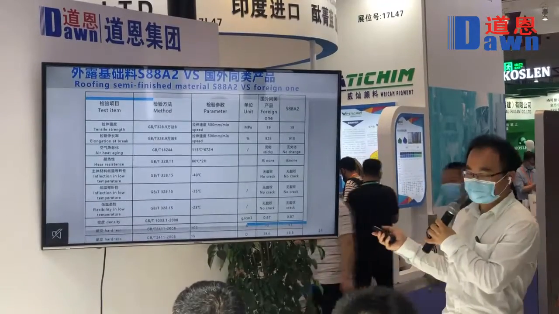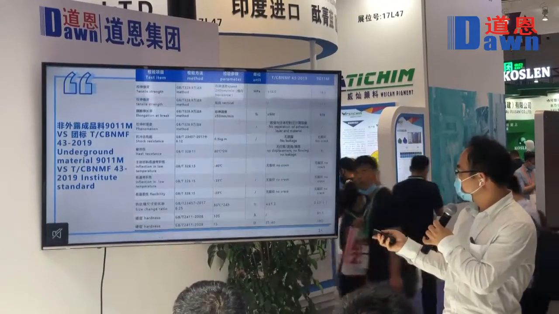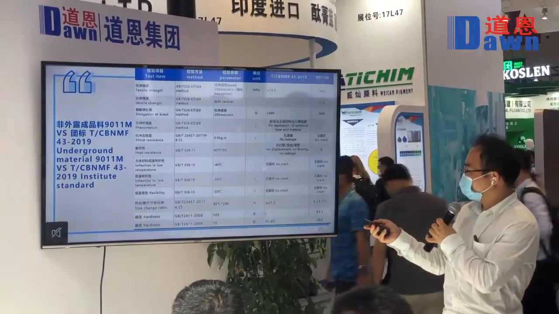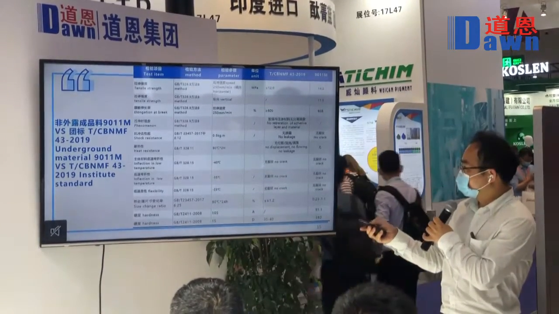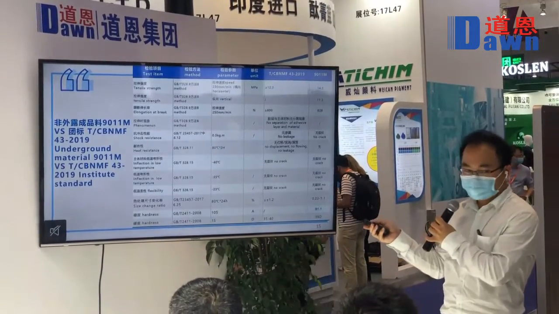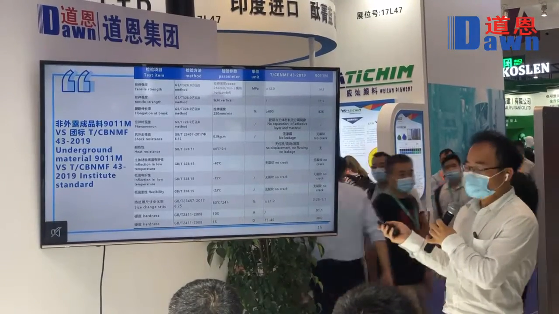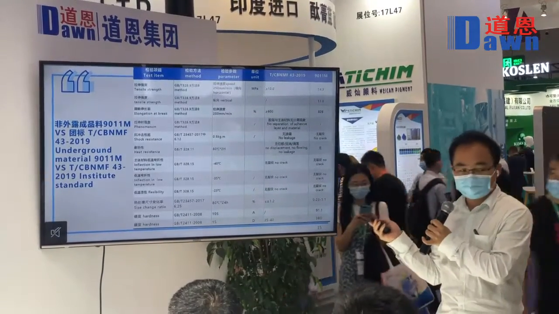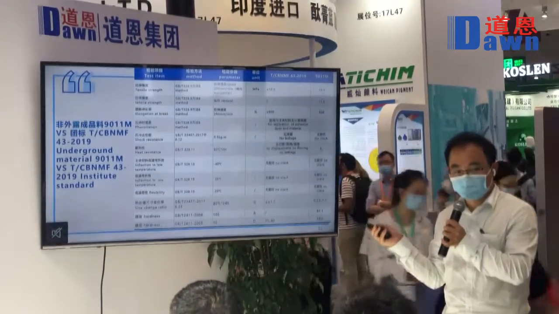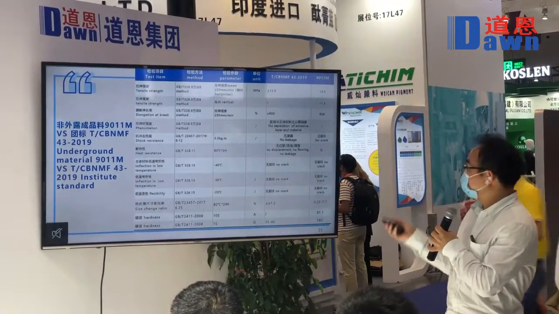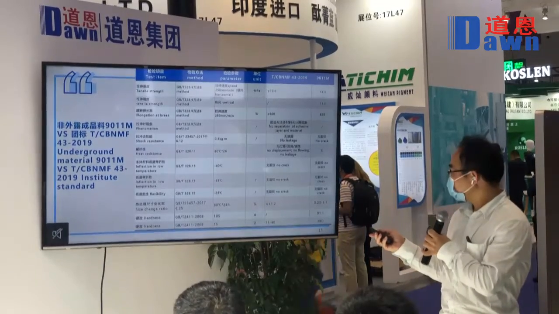This is the comparison on the basis of the institution standard. Some product is the institution standard, some is the national standard. This one can meet the institutional standard. This is the roofing finished material. It can be matched with the national standard.